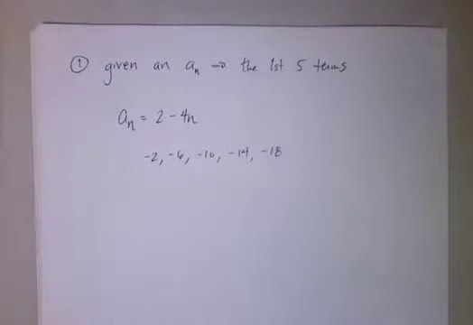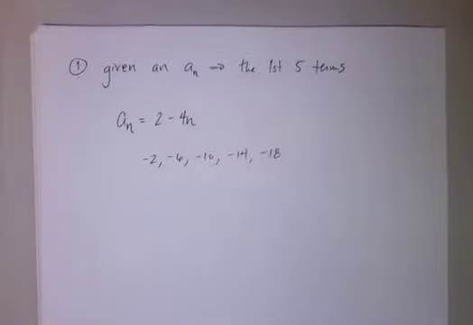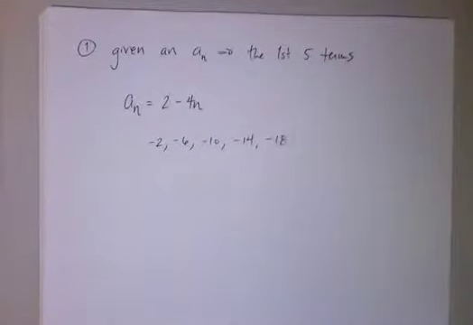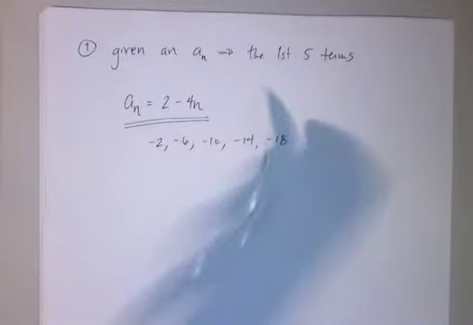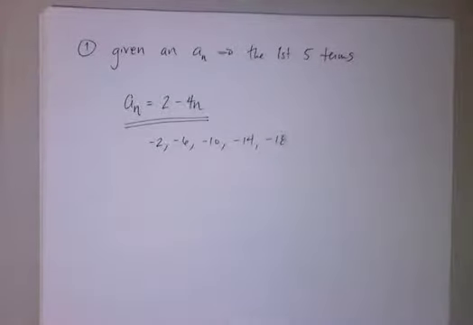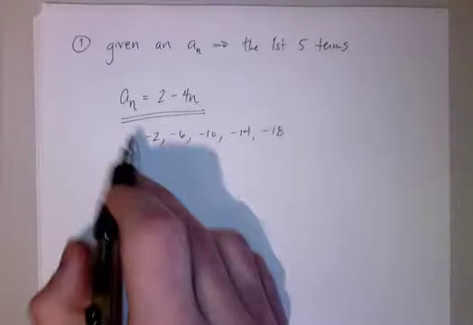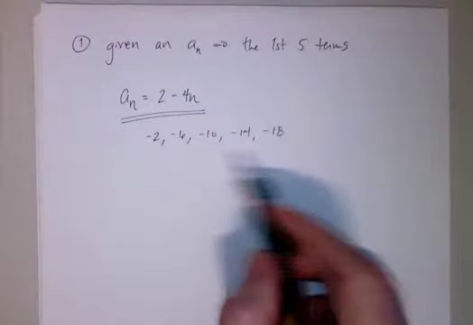And remember, sequences, the way I defined them last year, are just a list of numbers with a discernible pattern. This is the explicit way of sharing what that pattern is. So we've been given an a sub n, and we just list it out.